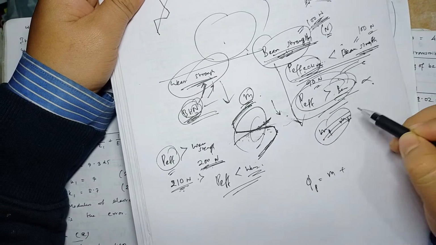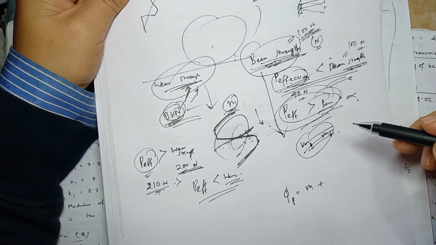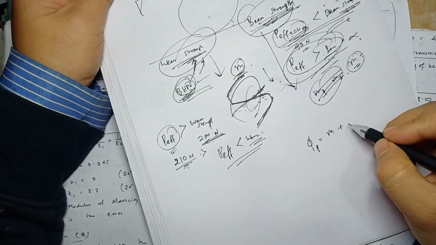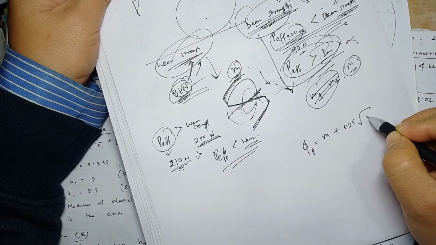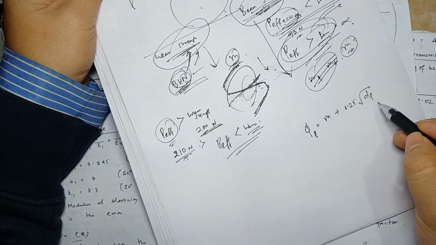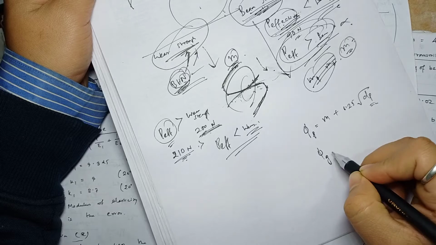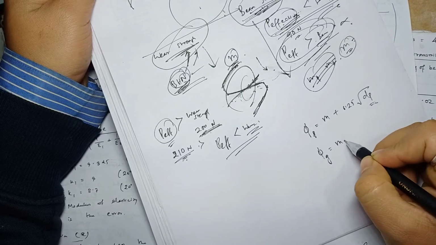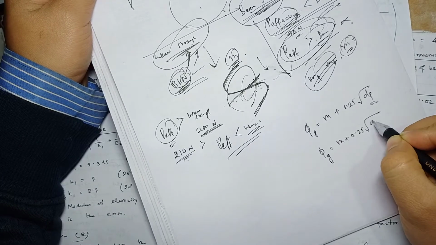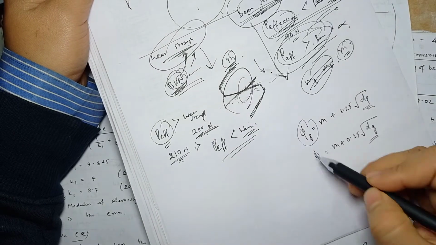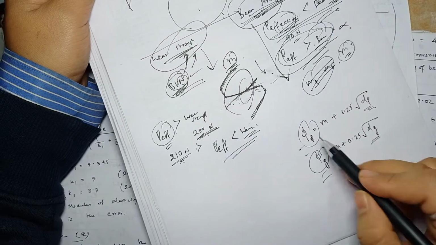For all the gears that are mating perfectly, the module has to be the same, so m only, plus 0.25. This is for pinion, so we have to use diameter of pinion. If you have to find phi g, then module plus 0.25 root over dg. So using this you find phi p and phi g.